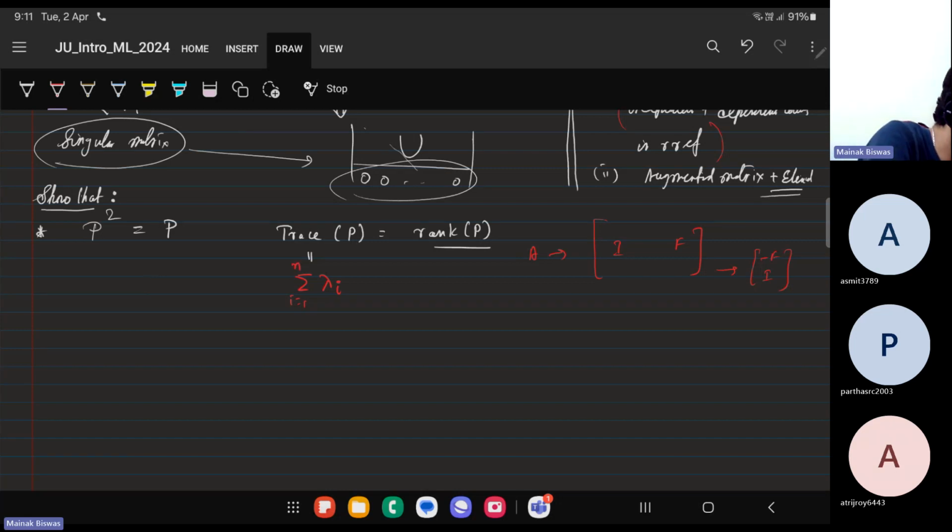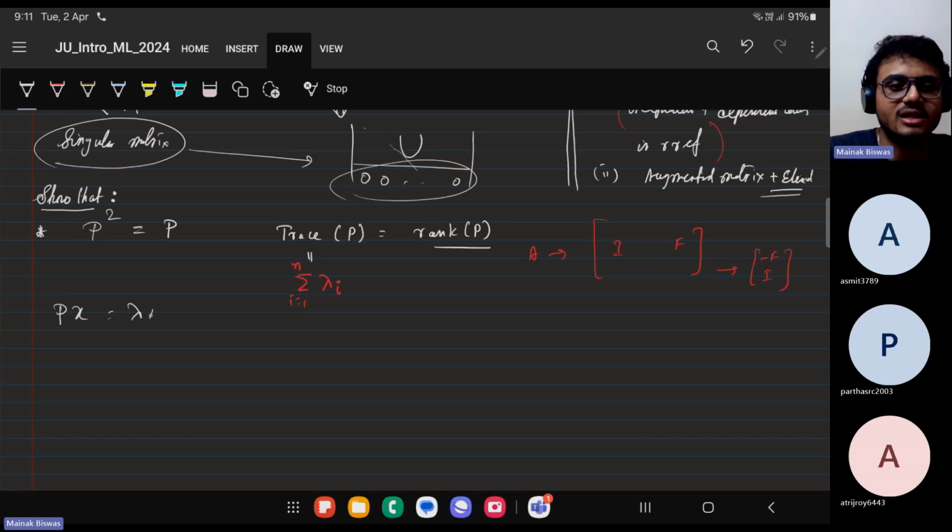Now I have to find the eigenvalues. That's it. So what can I do? Px is equal to lambda x. Yes or no? As soon as I see trace, it should click that it should be an eigenvalue sort of a thing. Is it okay? So now this is the eigen equation.